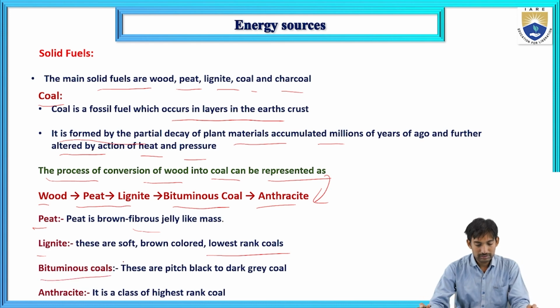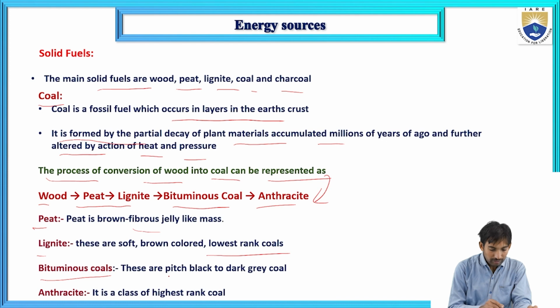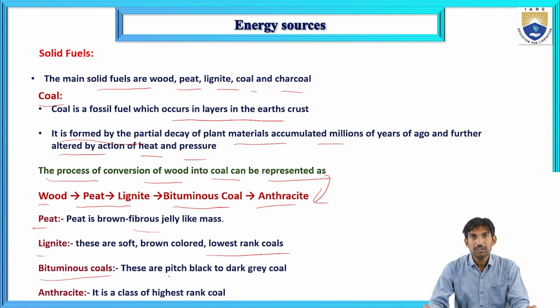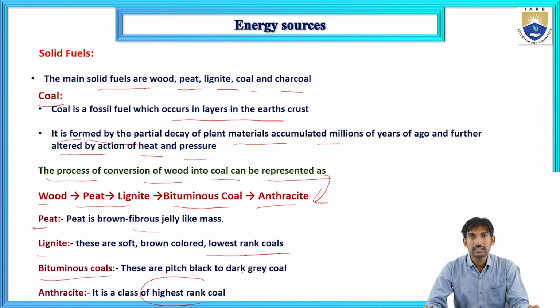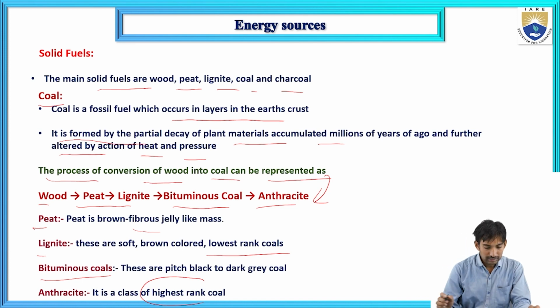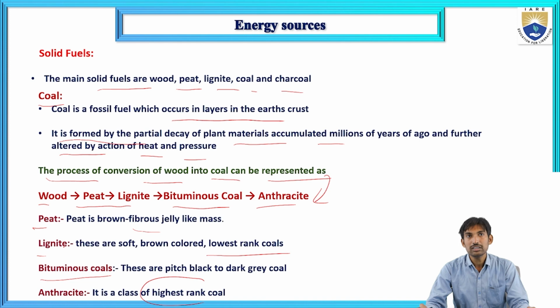Bituminous coals are pitch black to dark grey in color. And anthracite is a class of highest rank coal. The highest rank coal is anthracite and lignite is the lowest rank coal.